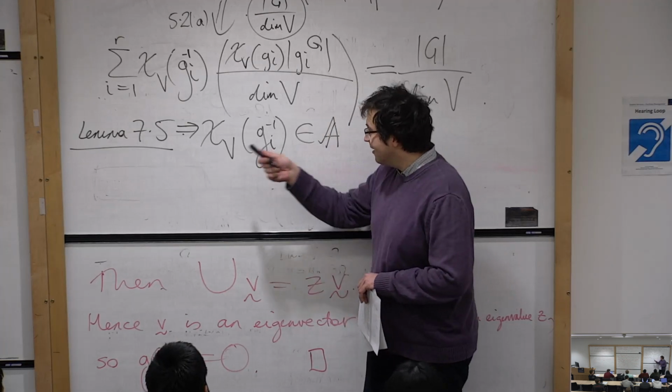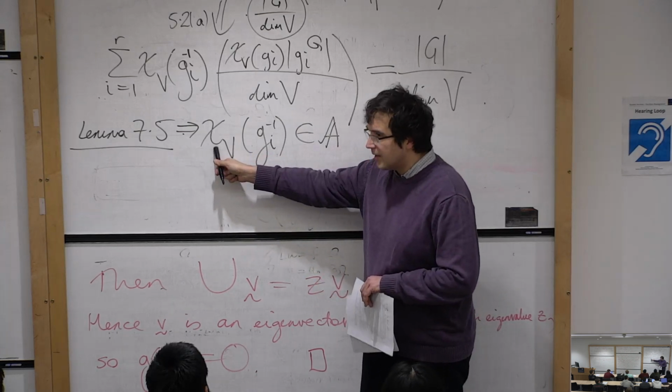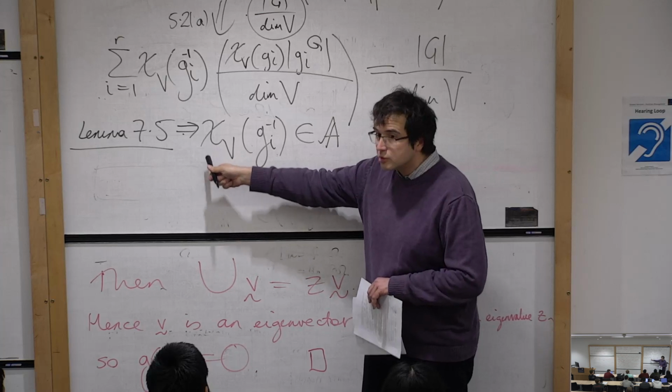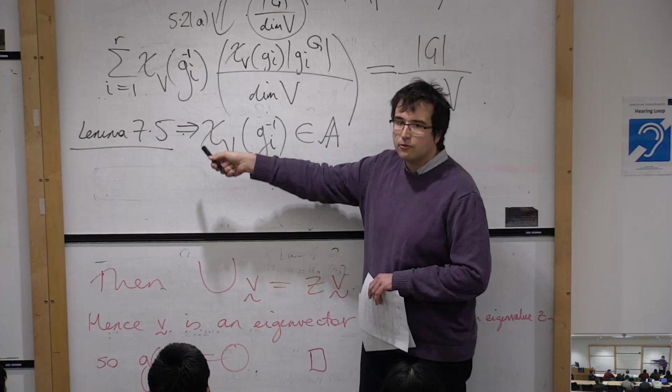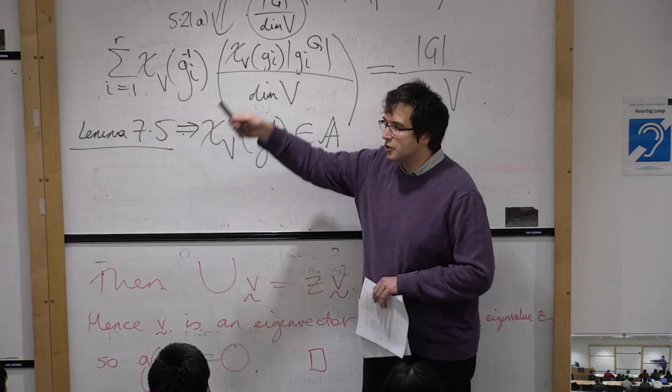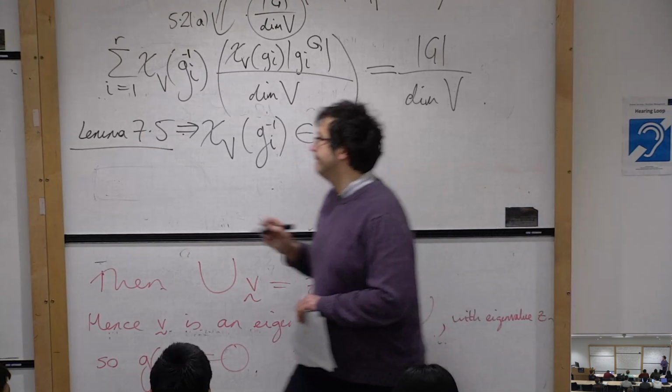The character values are sums of eigenvalues, the eigenvalues are all roots of unity, and sums of roots of unity are algebraic integers by Theorem 7.3. Okay?